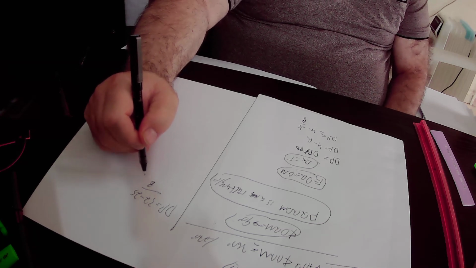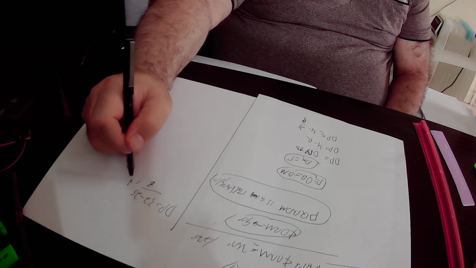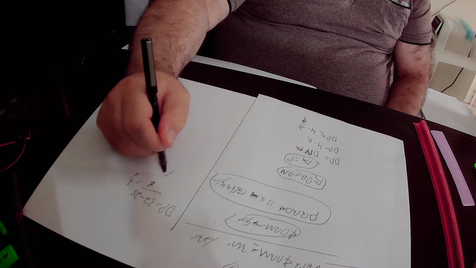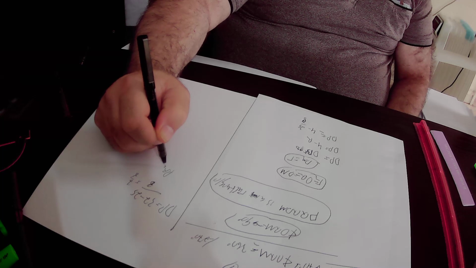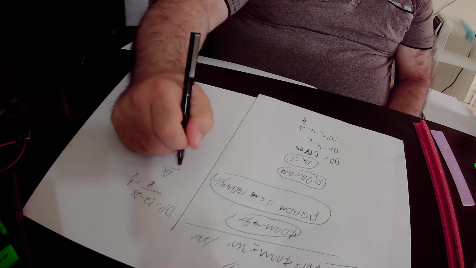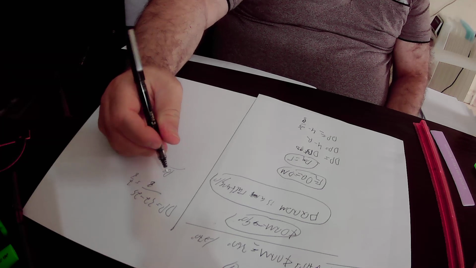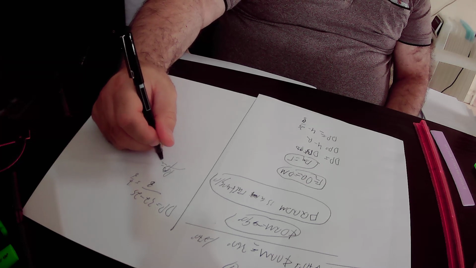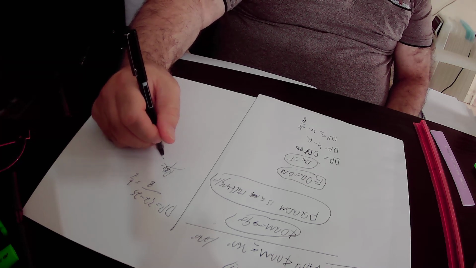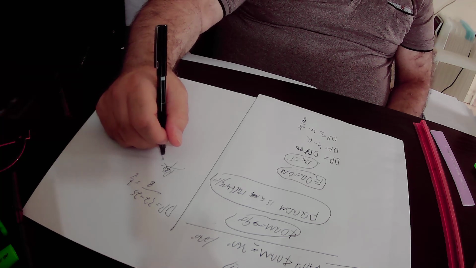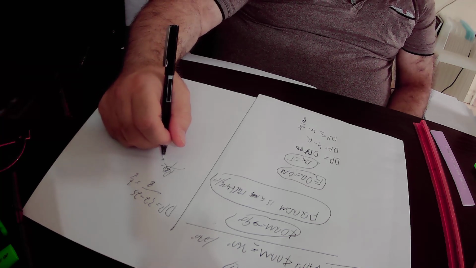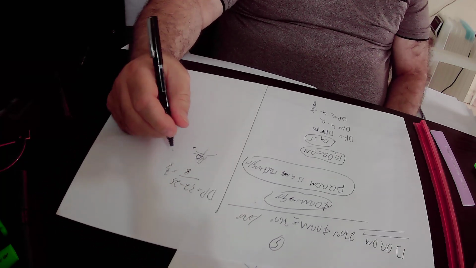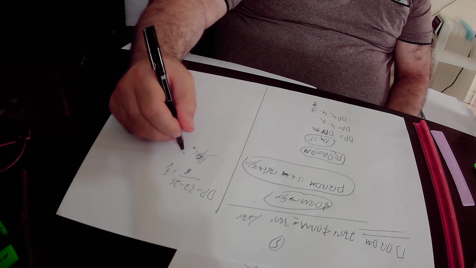Okay, 32 minus 25 is 7. So in conclusion, we found out that DP equals 7/8.